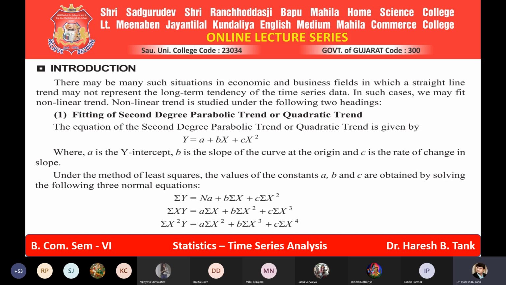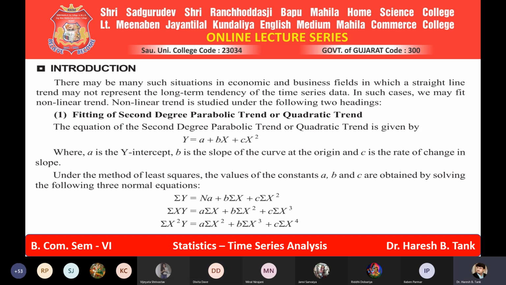And in the third case, now implement summation of x square on both sides. Simple. While implementing summation of x square on both sides, it comes to summation of x square y, which is equal to a times summation of x square plus b times summation of x cube plus c times summation of x raised to 4. Is that clear to you?